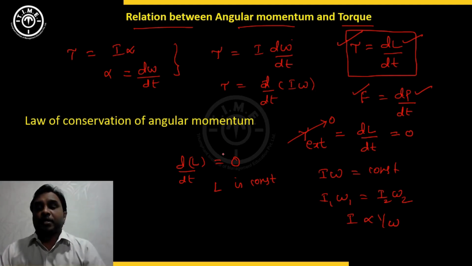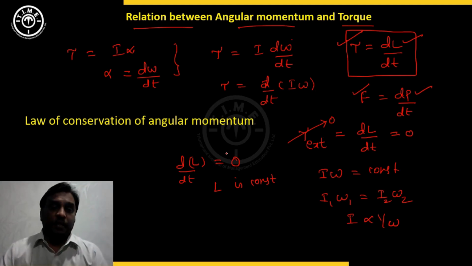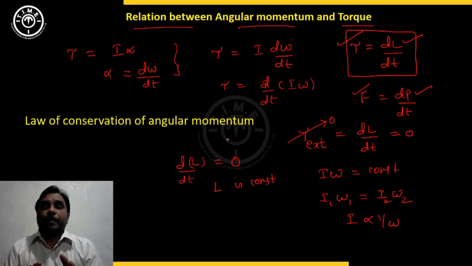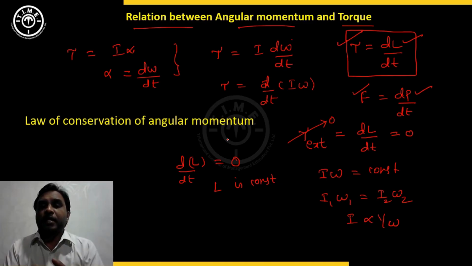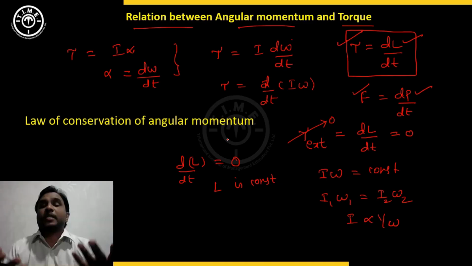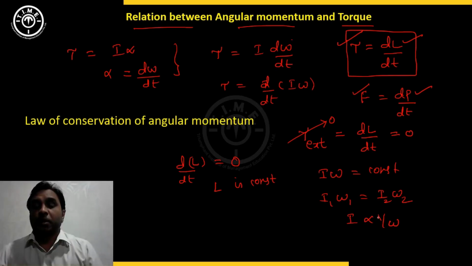This means if a particular object is rotating about a particular axis, and its moment of inertia can be reduced, then automatically its angular velocity will increase.